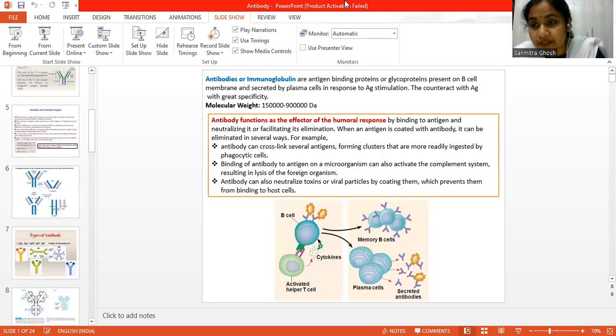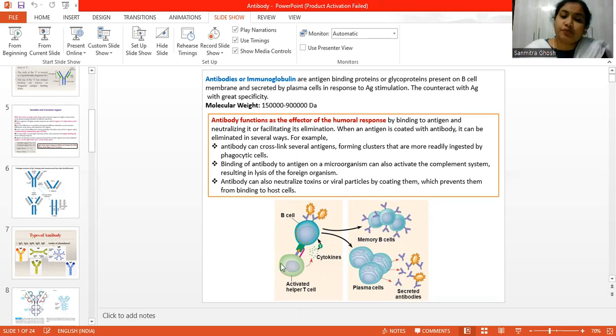So as they fail to interact with the receptor, these toxins or the viral particles will not be internalized by the cell. They will not be able to enter inside the cell, which will prevent them from causing harm to the cell or causing different disease manifestation. So these are the different strategies by which the antibodies influence the humoral immune response.